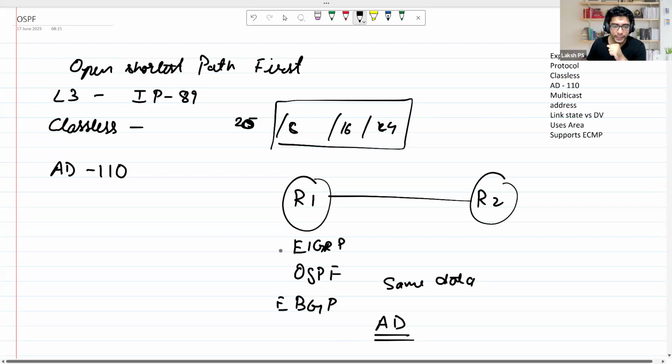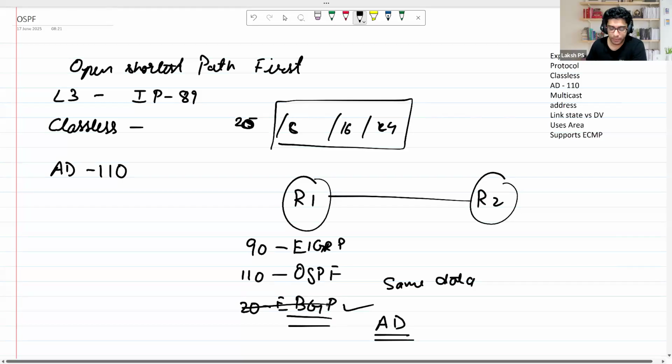the data. Now EIGRP's AD value is 90, OSPF's is 110, and eBGP's is 20, right? Now obviously the lowest of them is eBGP, and R1 and R2 will choose the eBGP protocol to forward the data. All right, let's say eBGP fails.